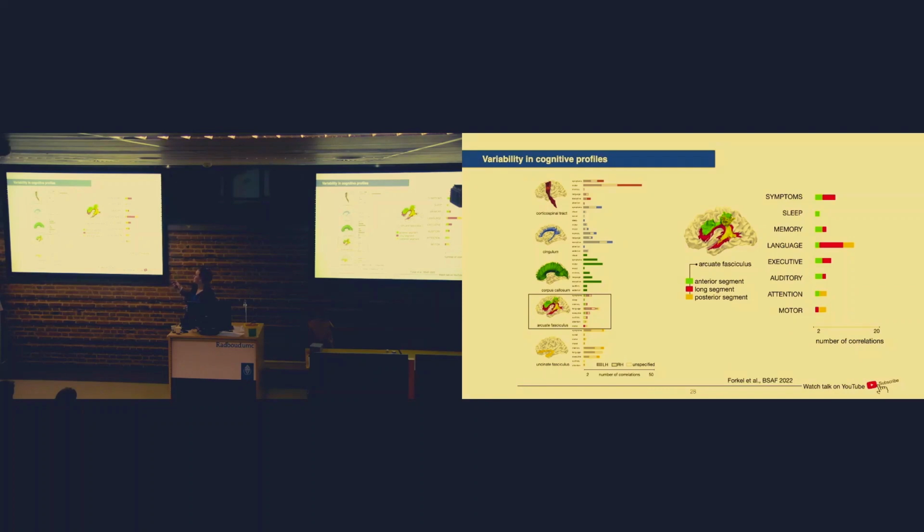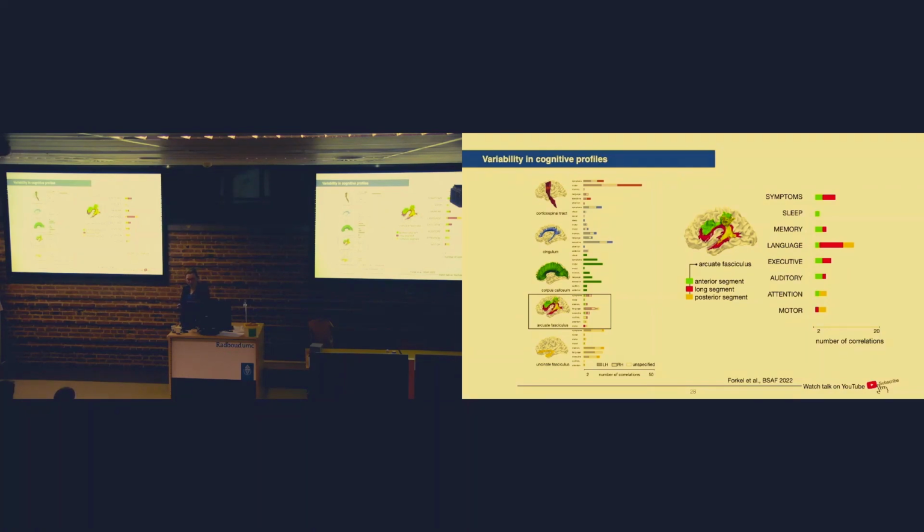And when it is damaged, it actually correlates with clinical presentations. So what this has shown us is that studying the white matter is a reliable way of assessing variability in anatomy and its association with cognition.